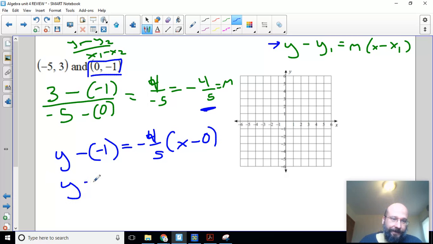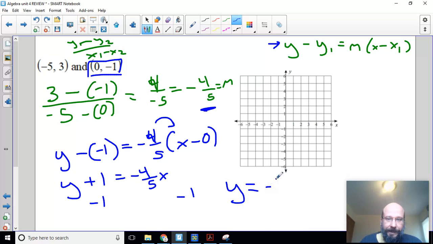I'm going to simplify this. This changes to positive, -4/5 x. This is 0. I'm going to move -1 to the other side, and that leaves me with y equals -4/5 x minus 1.